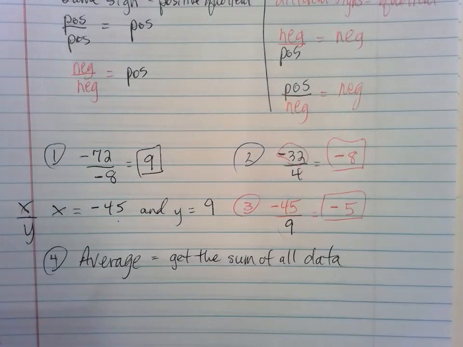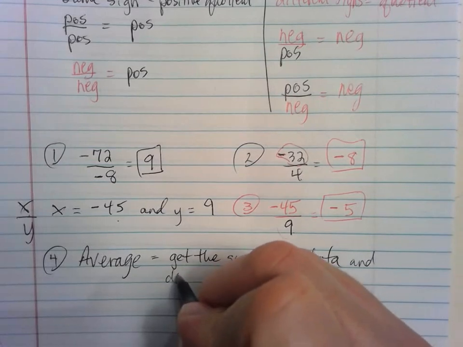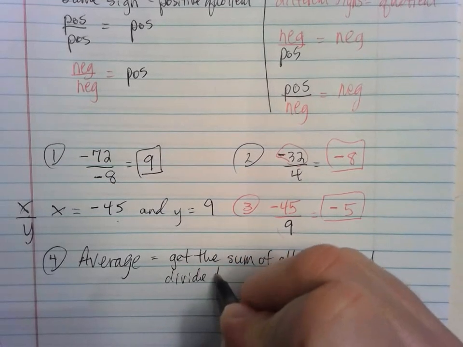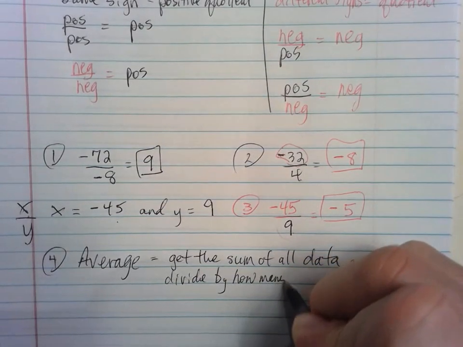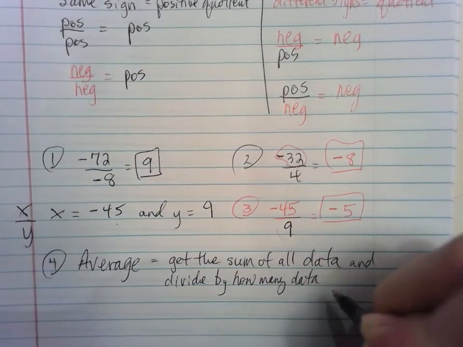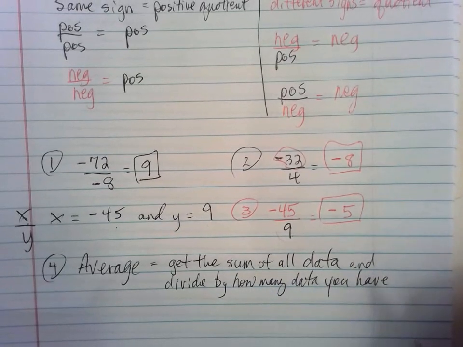So add all the numbers up, so get the sum of all the data and divide by how many data you have. So if you got 6 numbers, you add up the 6 numbers and you divide by 6. If you got 10 numbers, you add up the 10 numbers and you divide by 10.